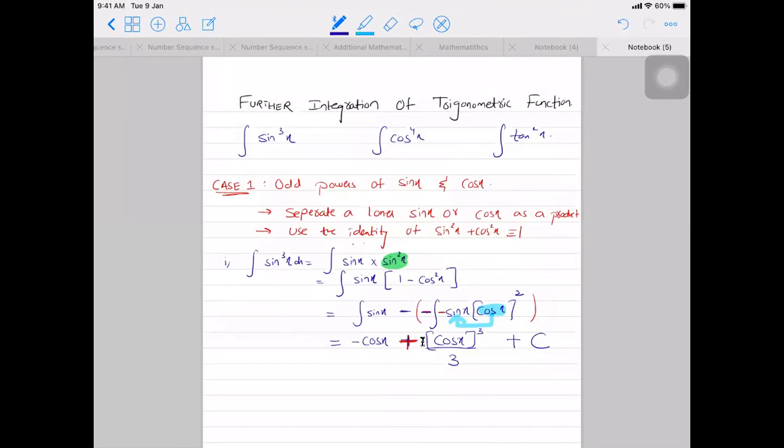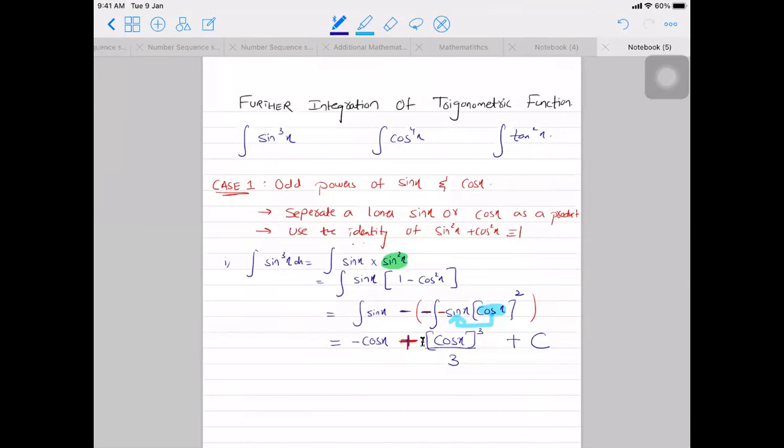So let's say you get a question in which you are asked to integrate sine cubed x. The first step is that you separate sine x as a product. So sine x multiplied by sine squared x. So integration of sine x times sine squared x.